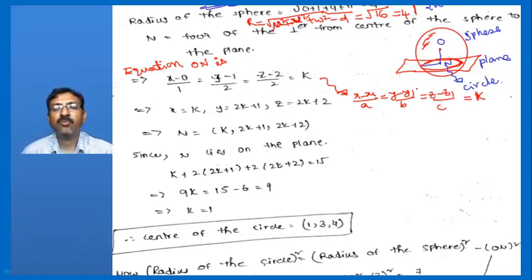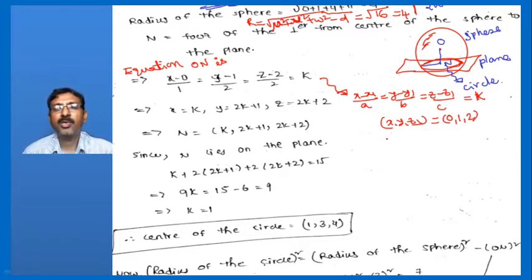So here x1, y1, z1 is any point on the line ON. I have taken O, the point which is the center of the sphere. What is that? Center of the sphere is (0, 1, 2).